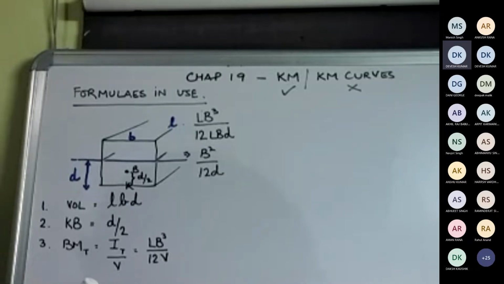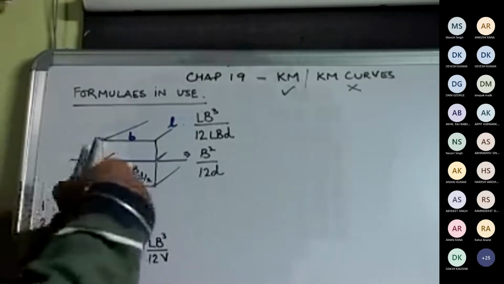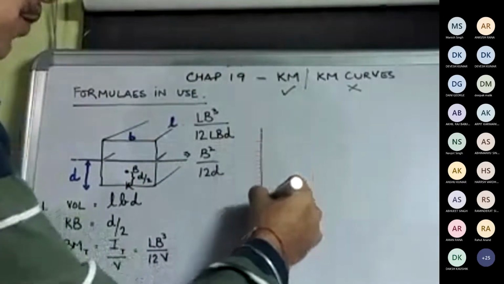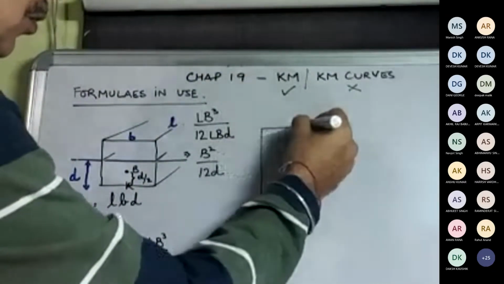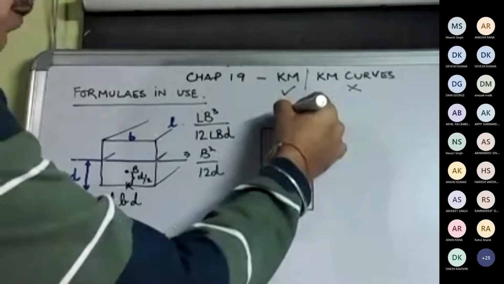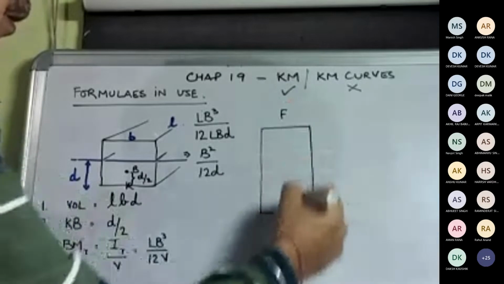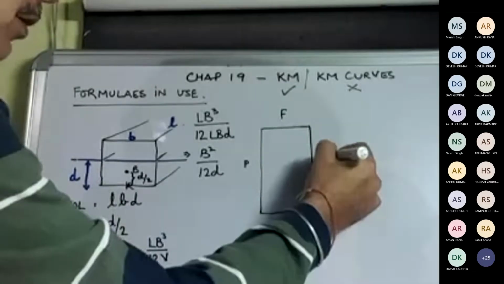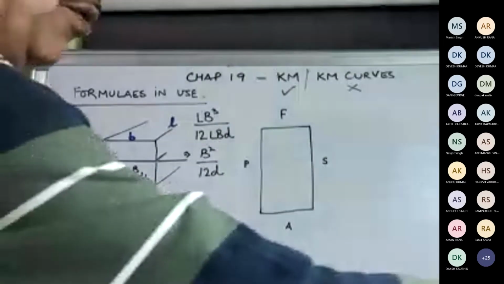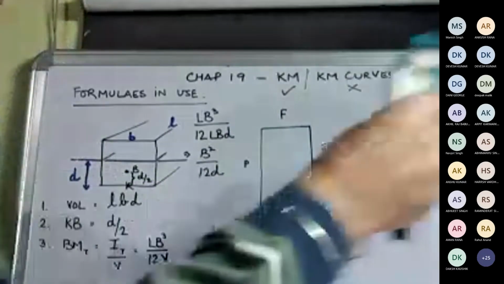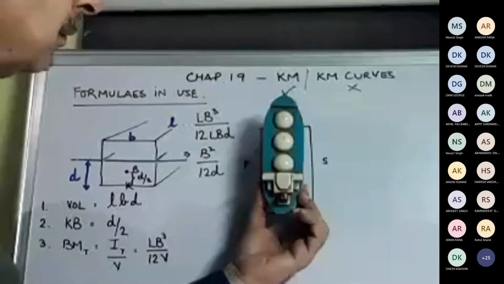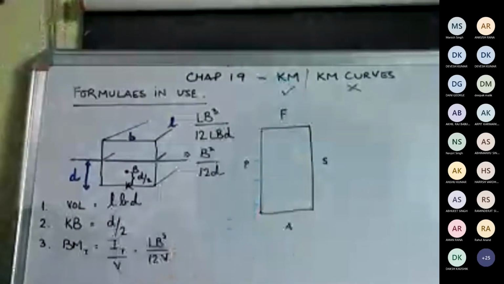So basically, if this be the top view, this is forward, this is aft, this is port, this is starboard. So I'm trying to talk about this view of the ship.